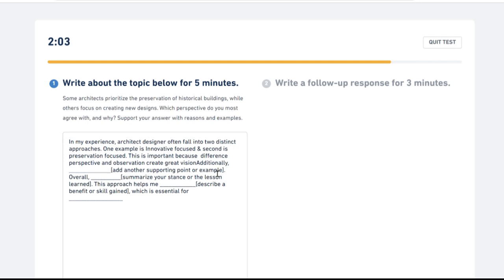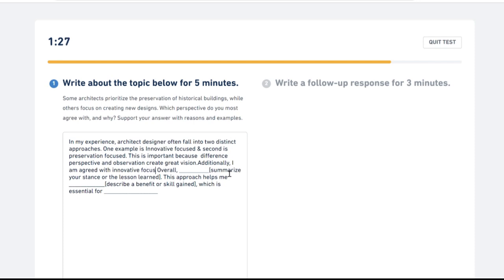You can write 2 sentences here, and then add a body paragraph of 3 to 4 sentences, providing more specific advice, examples and reasons. Which perspective do you most agree or disagree with? If you agree, explain why, and then provide your supporting reasons and examples. So your topic will be completed.